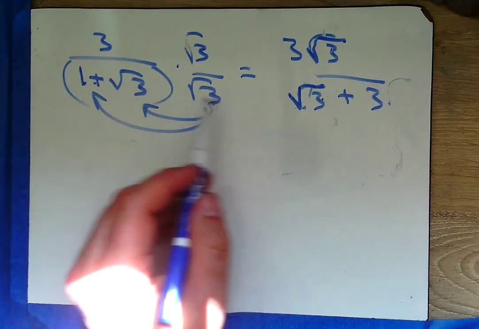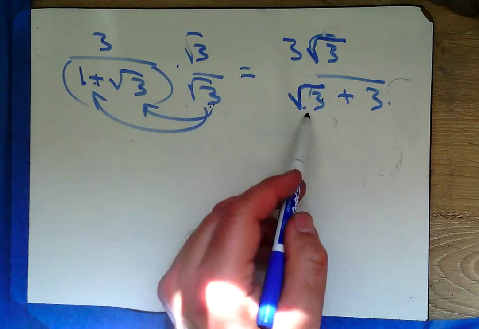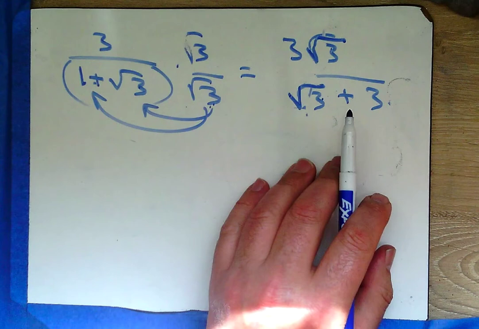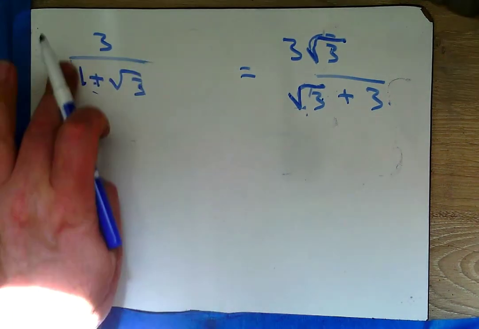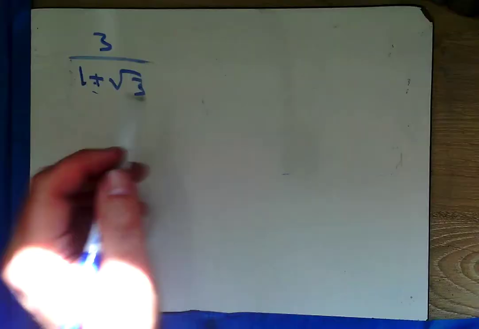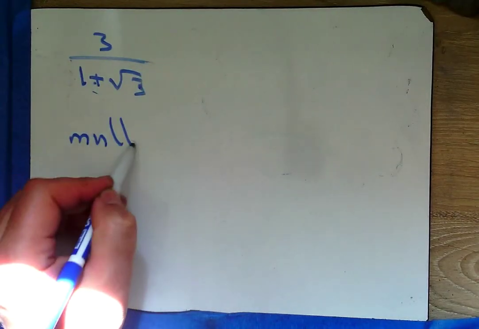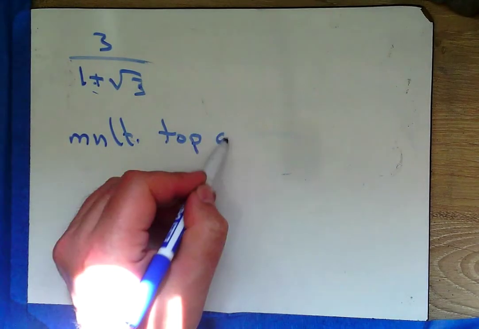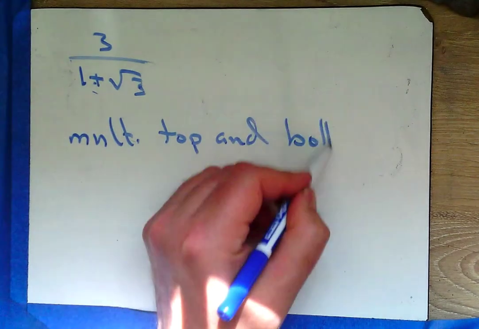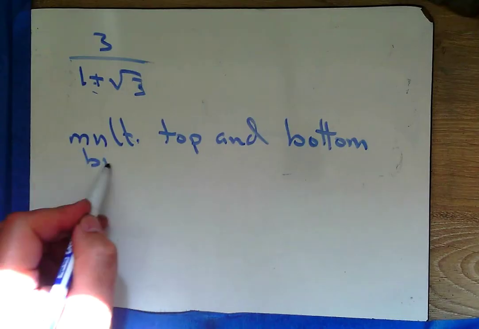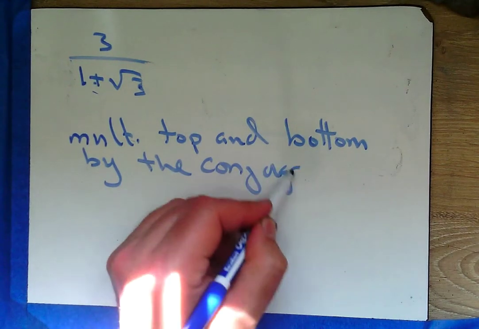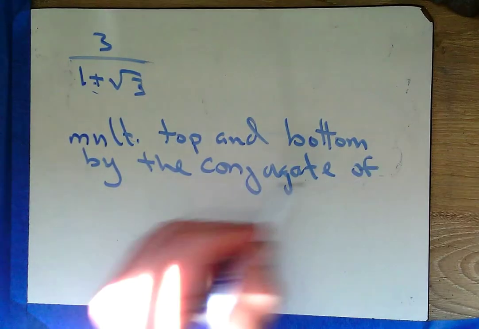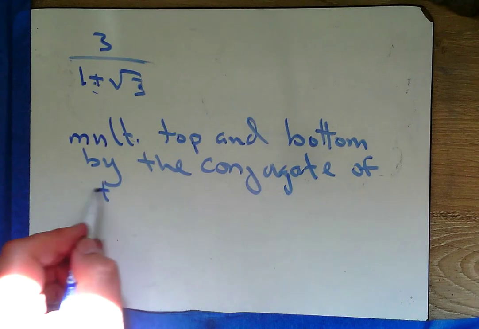All right, so multiplying top and bottom by root 3 did not get rid of the radical on the bottom for us. So we need to do something else. And the something else we need to do is multiply top and bottom by the conjugate of the binomial.